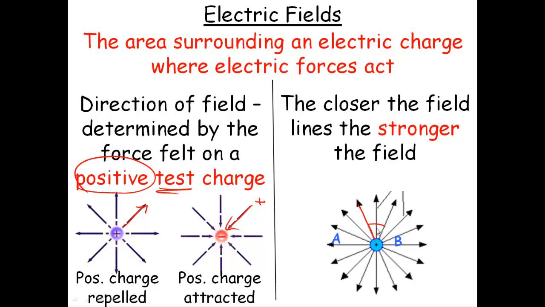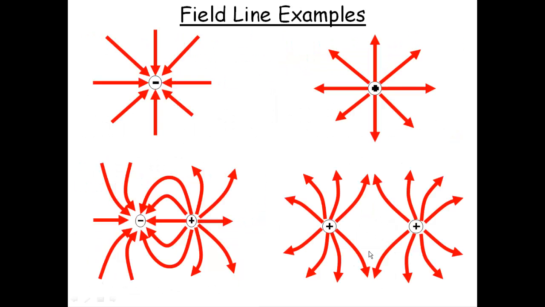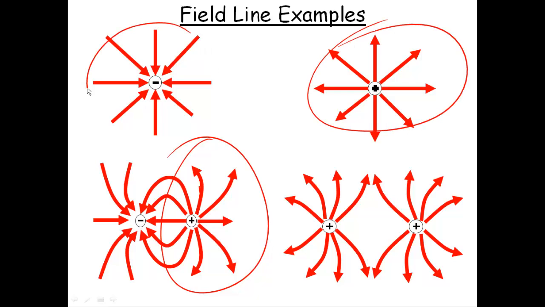And so when you look at the field lines, you find that the closer they are together, the stronger the field. Some examples. Again, a positive charge has the field lines going away, and a negative charge has the field lines going towards.